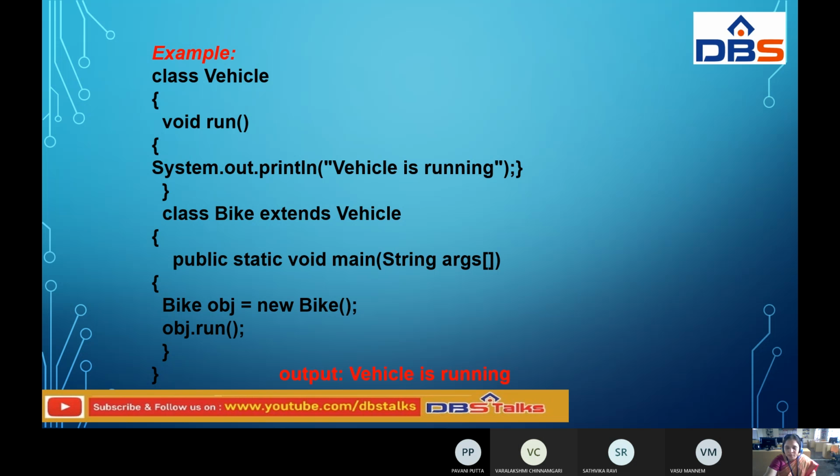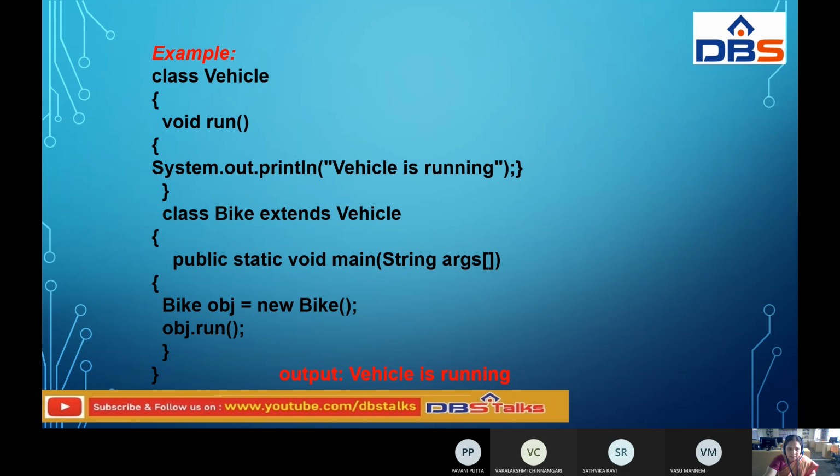Extends is the keyword to extend the child class from the parent class, and the parent class is Vehicle. The class name should always start with an uppercase letter. You have to remember the basic concepts always. Then I open this child class and write the main method, public static void main.